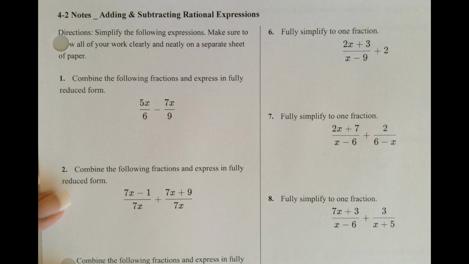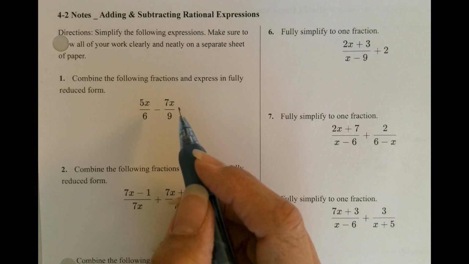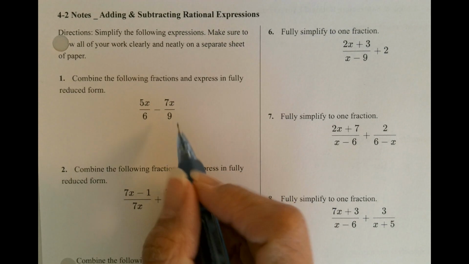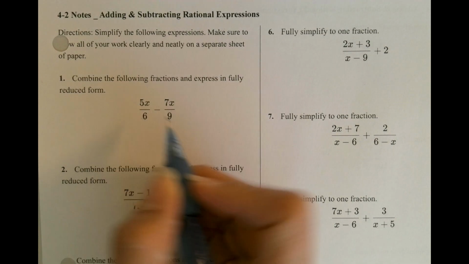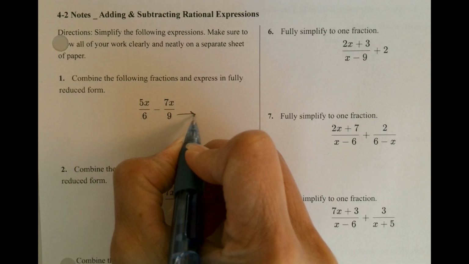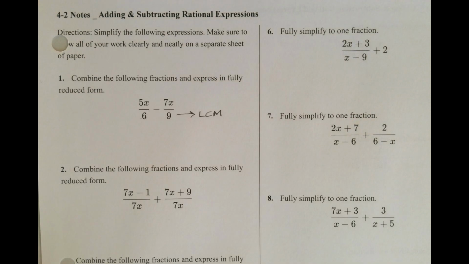Since it's pretty simplified, there's nothing to factor. But what you want to do is obtain that these end up being the same. So what you're going to do is look for the least common multiple to make the denominators common. What is the least common multiple of 6 and 9?